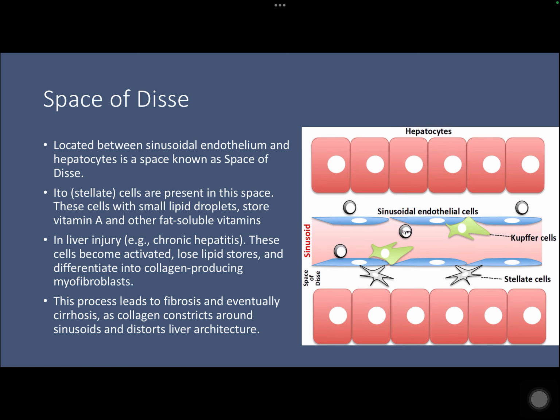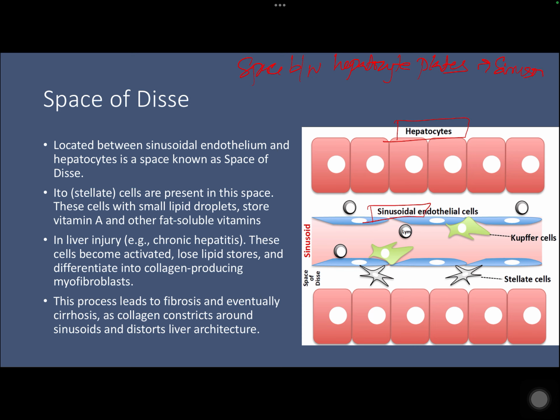Now, we have already discussed the hepatocyte, and we have already discussed the sinusoid. We said the space between hepatocyte plates is the sinusoid.